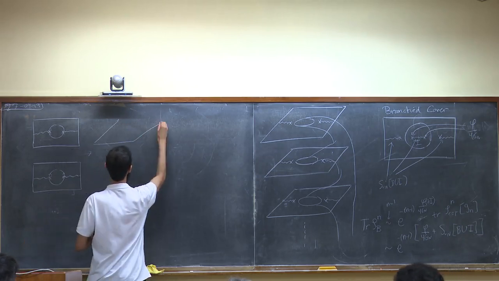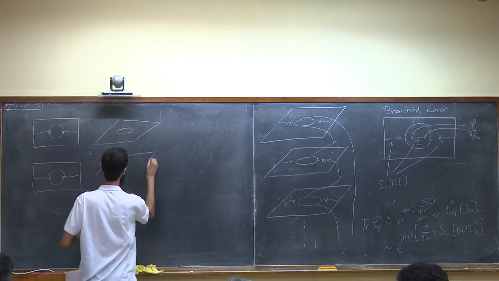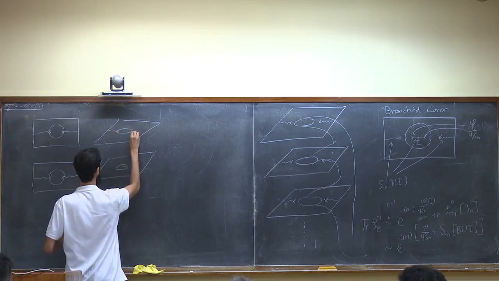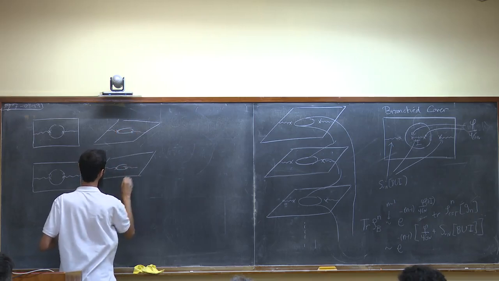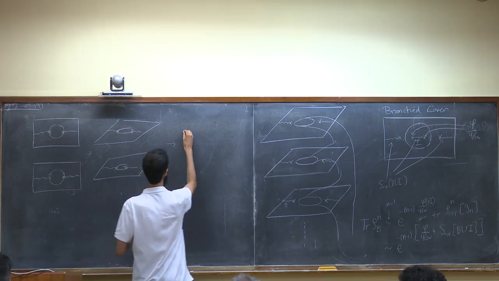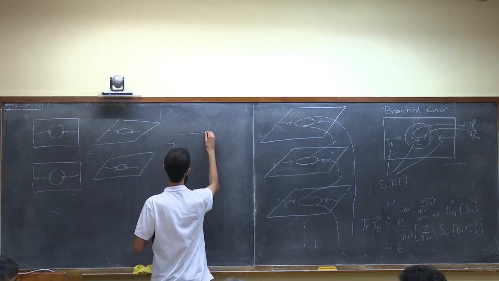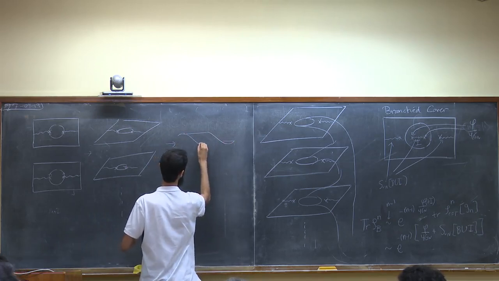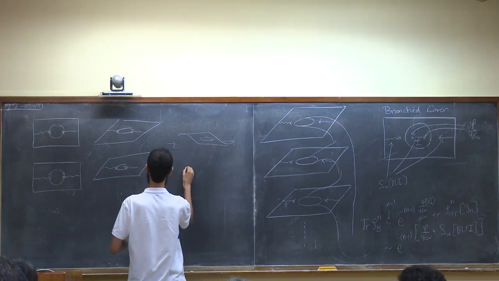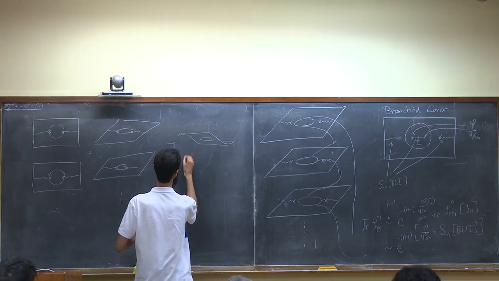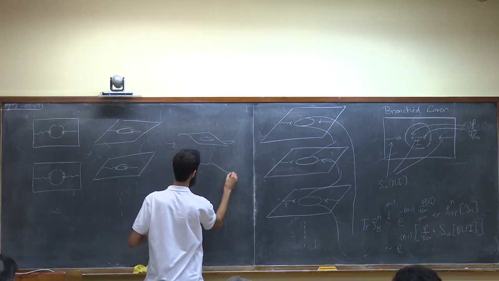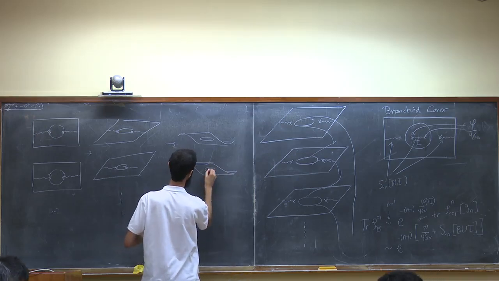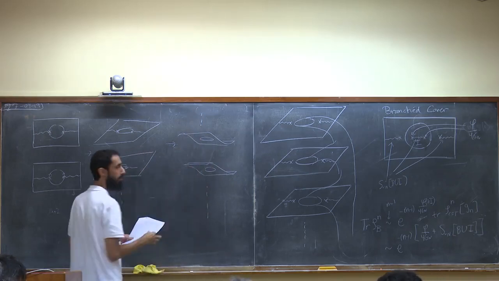As in the right picture to draw, I guess, is the following. Let me draw this thing again. So what actually happens is that each sheet attaches to the one below it. That makes sense?